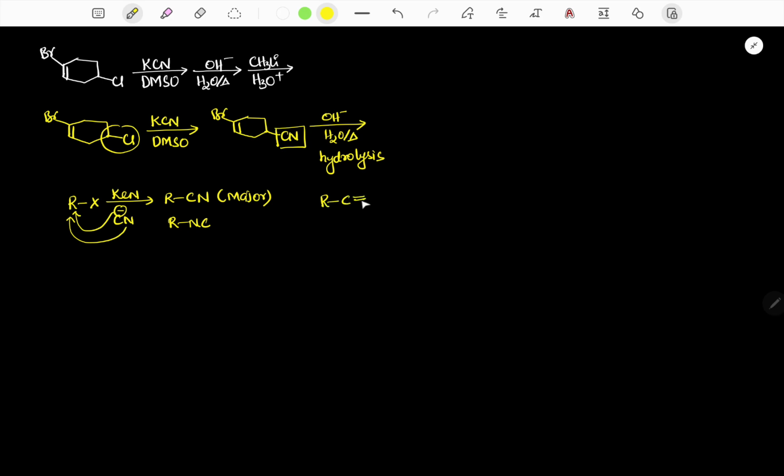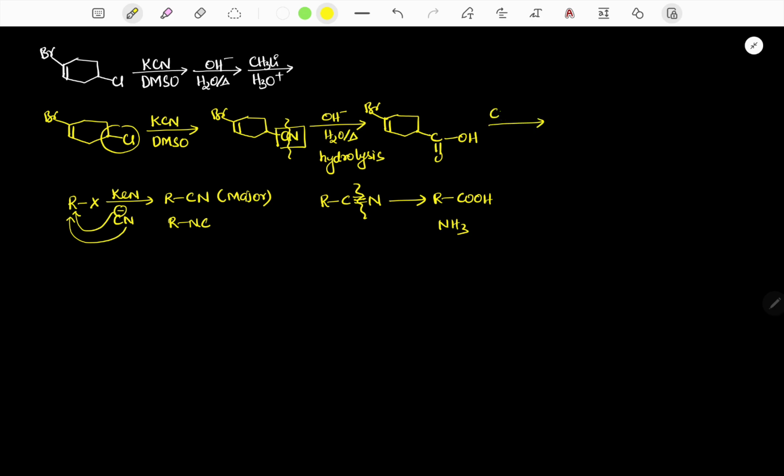Suppose it is a cyanide structure. When it undergoes hydrolysis, we get the corresponding product carboxylic acid and ammonia. If I consider acidification granted, carboxylic acid and ammonia. So in this case also the cyanide undergoes hydrolysis and we get the corresponding carboxylic acid.